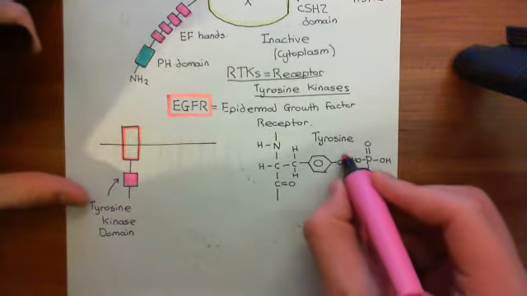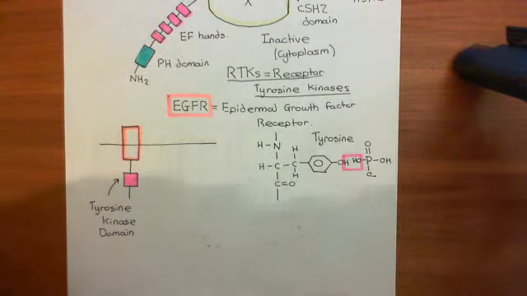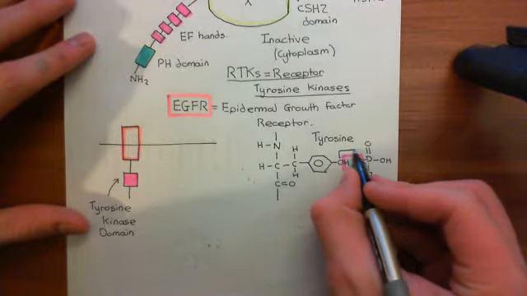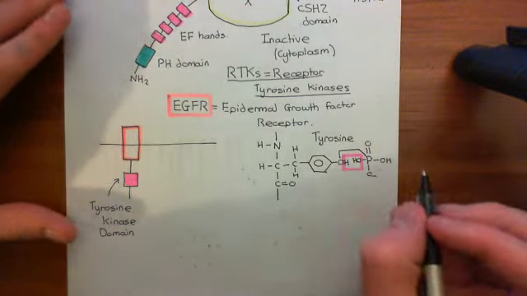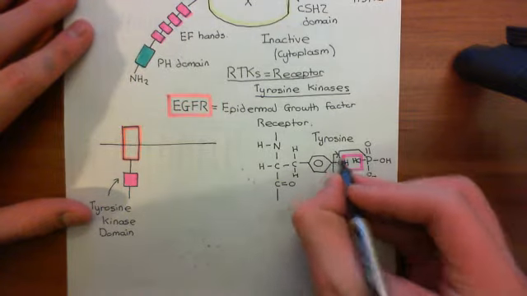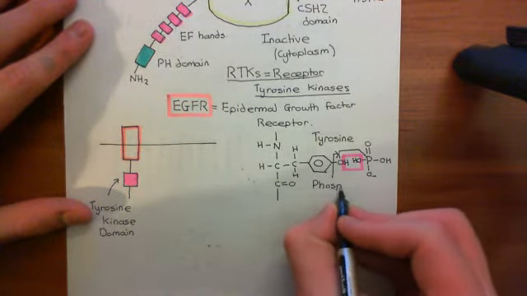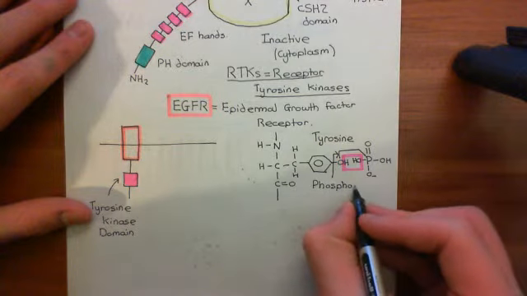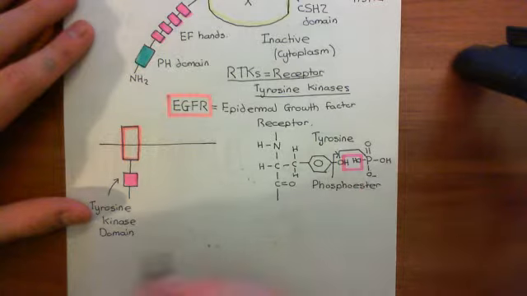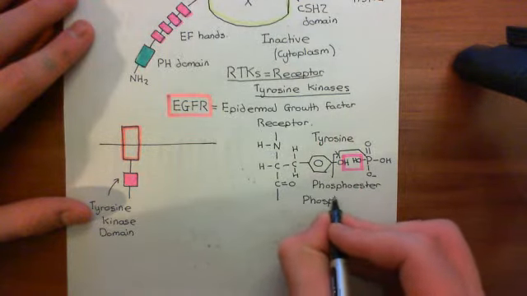Okay, so what you'll do is you'll take the hydrogen off the alcohol group once again, you'll take the alcohol off the phosphate group, you'll bind those two together to make water, and then you'll bind the oxygen of the alcohol group to the phosphorus atom of the phosphate group, and this link that you then forge, once again, is a phosphoester link. Okay, and the whole residue now, when you have a tyrosine residue with a phosphate group attached via a phosphoester link, that's known as a phosphotyrosine residue.